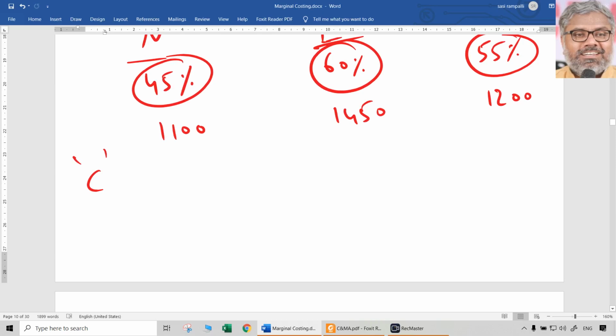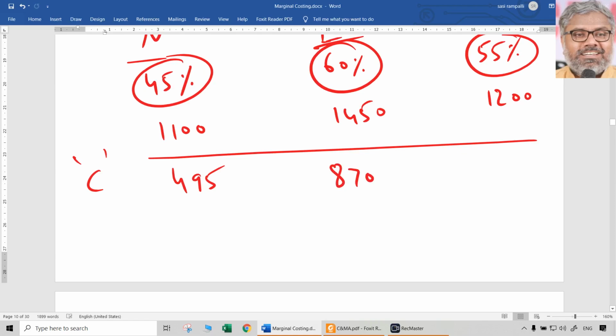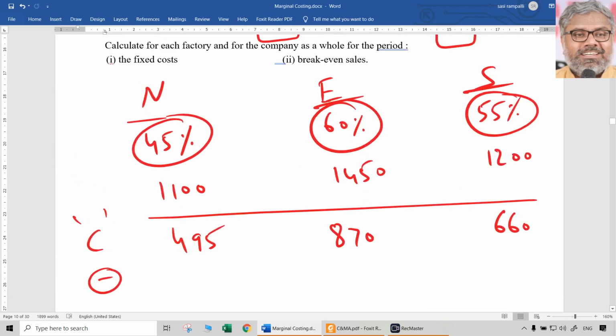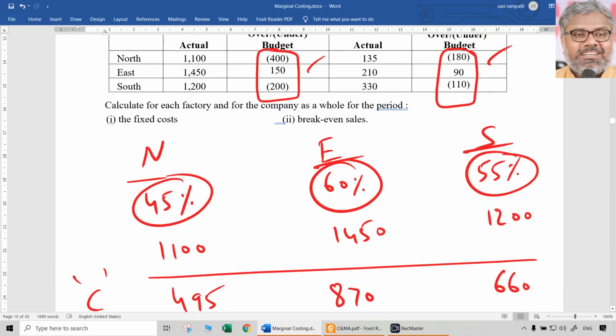So 1100 into 45% means 495. 1450 into 60% means 870. 1200 into 55% means 660. That is contribution. Then contribution is what? Fixed cost plus profit. We want fixed cost, but we know profit already. That is 135, 210 and 330.